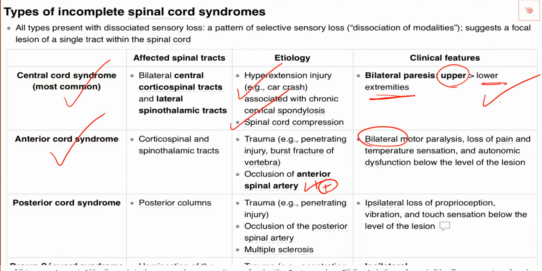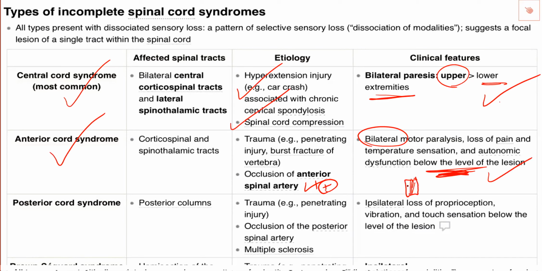Here is pantalon or trousers affection: bilateral motor paralysis, loss of pain and temperature, and autonomic dysfunction below the level of the lesion, with spinal shock, meaning motor, sensory, and autonomic affection below this lesion. So this will be like this.